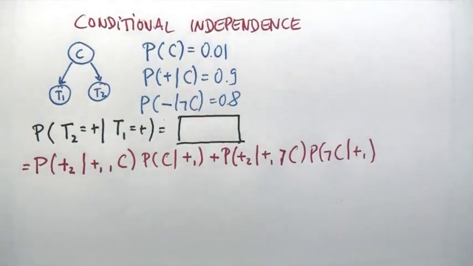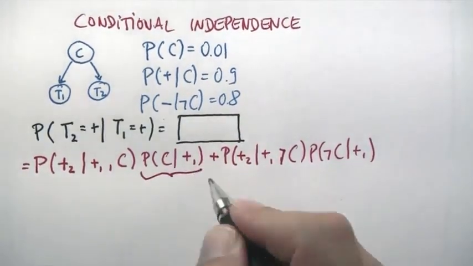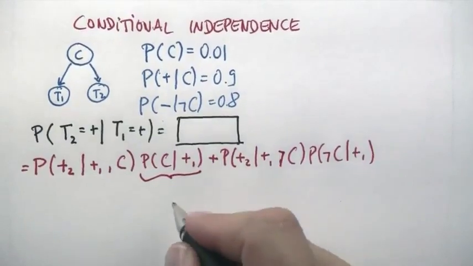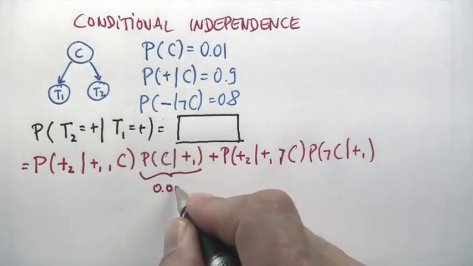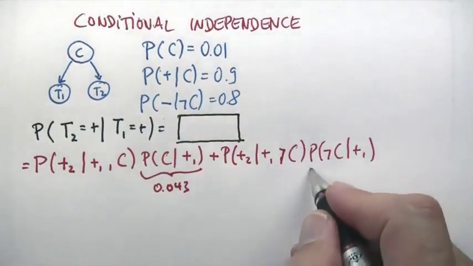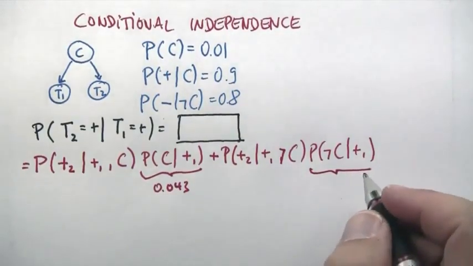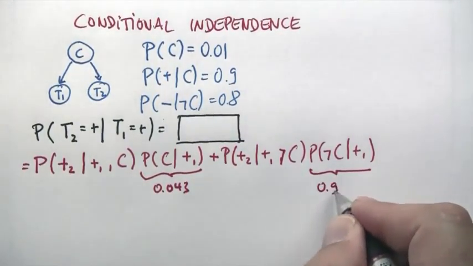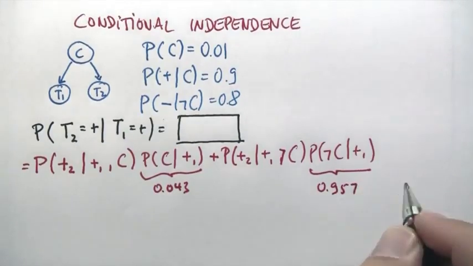Now here I can plug in the numbers. We already calculated this one before, which is approximately 0.043, and this one over here is 1 minus that, which is approximately 0.957.